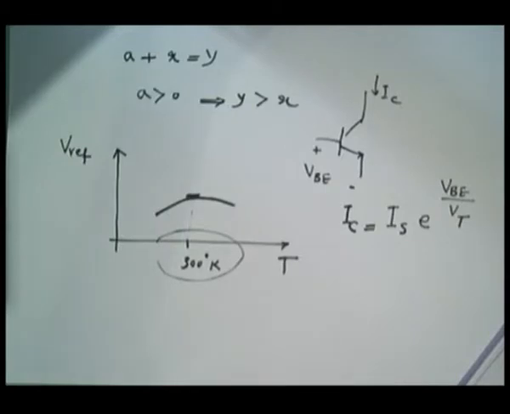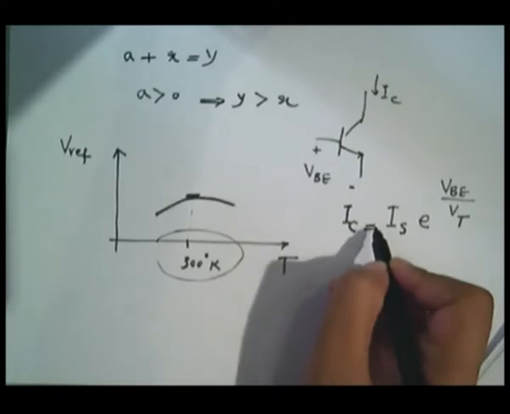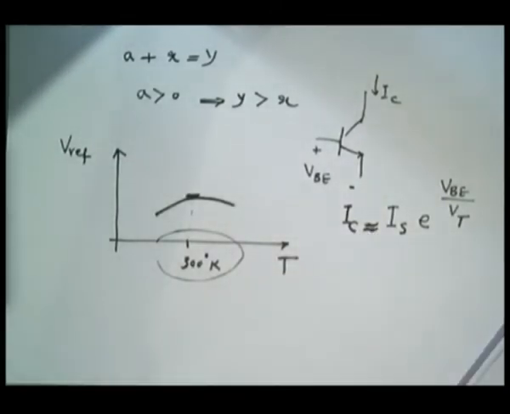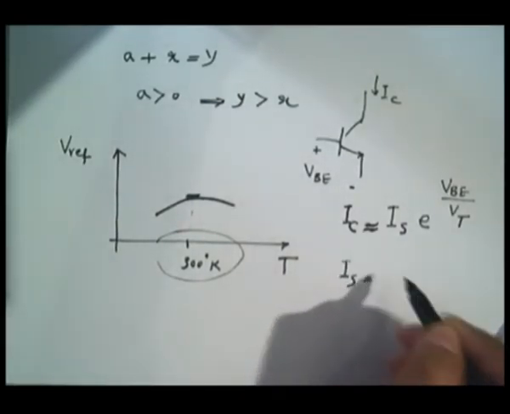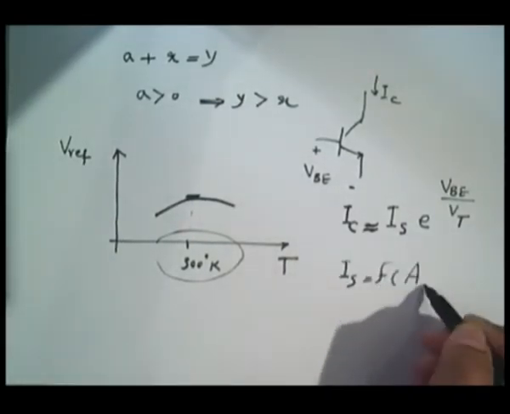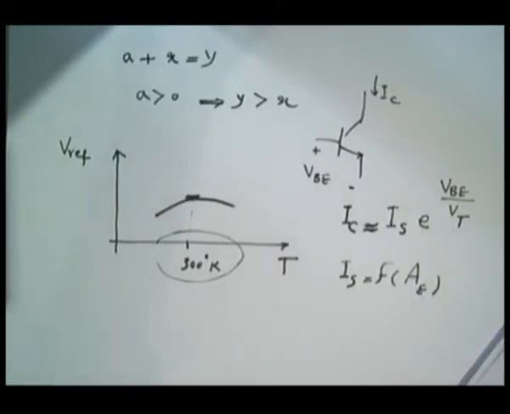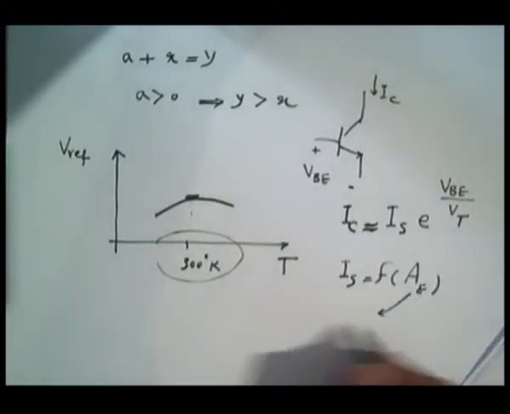There is an exponential relation. Again here I have neglected the effect of collector emitter voltage. So that's why almost in the active region of the bipolar transistor this relation is valid. Is is one of the parameters in a bipolar transistor which depends on the area of the emitter. I call it AE, area of emitter.